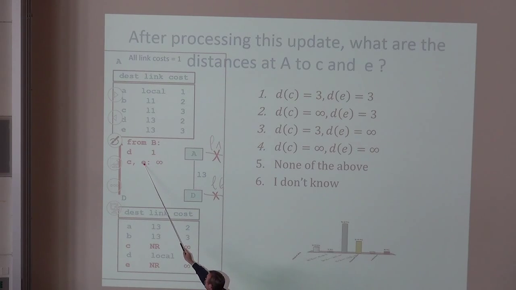For E, the story is different because the next hop for E is interface L3, that means D. So A receives an update from the next hop, so it will take it seriously. It will not compare to the existing, but it will add to plus infinity its own cost. Now plus infinity is absorbing. In this algebra, any number plus infinity gives plus infinity.